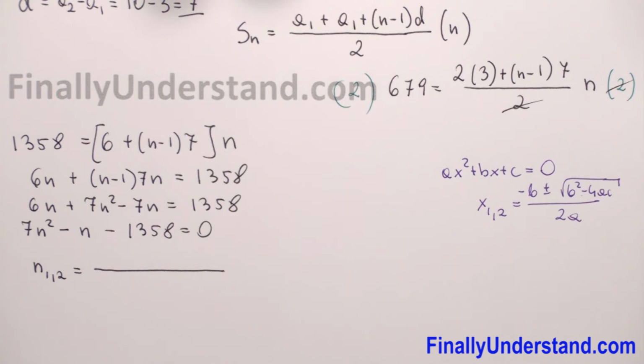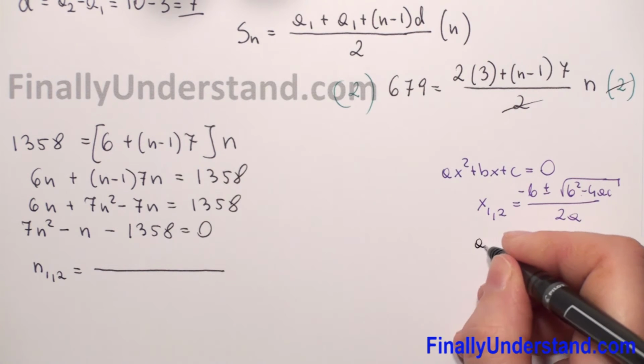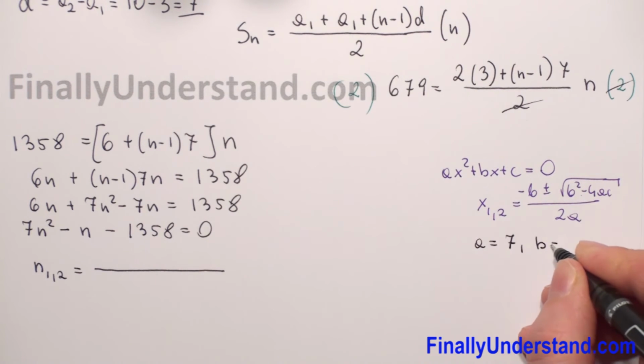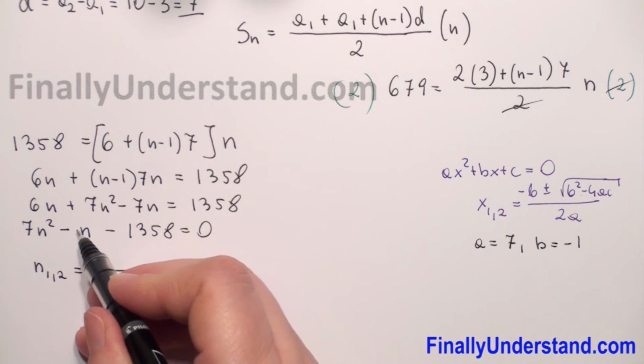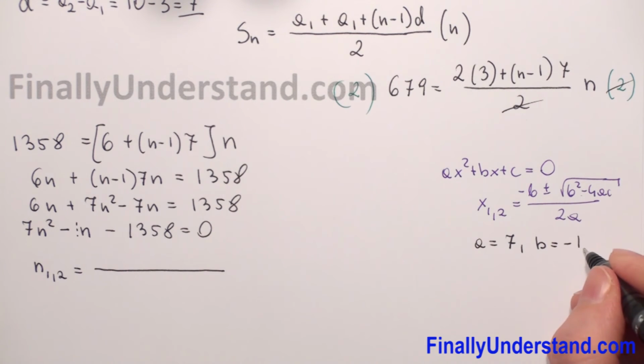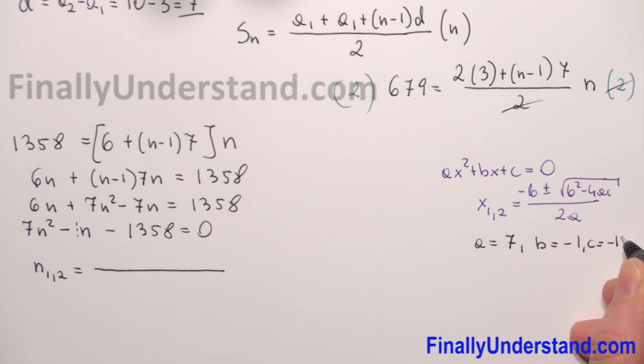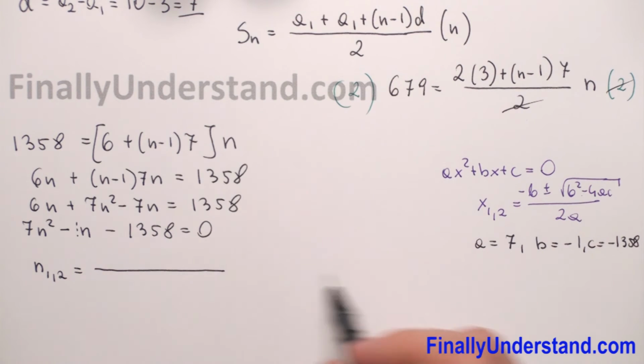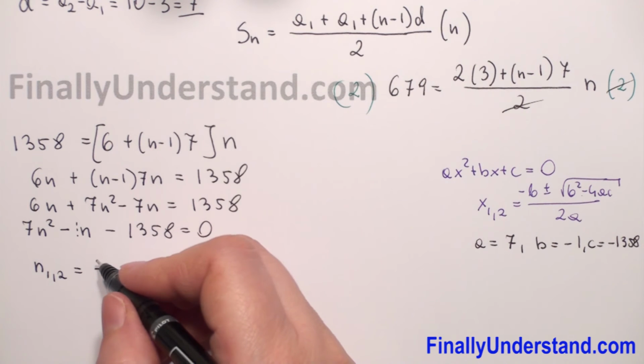In our example, a is equal to 7, b is equal to negative 1, the coefficient before n is an invisible 1, and c is negative 1358. So let me substitute into this formula. We have in our example n unknown.